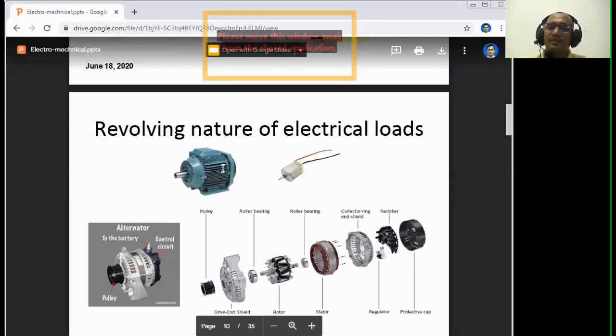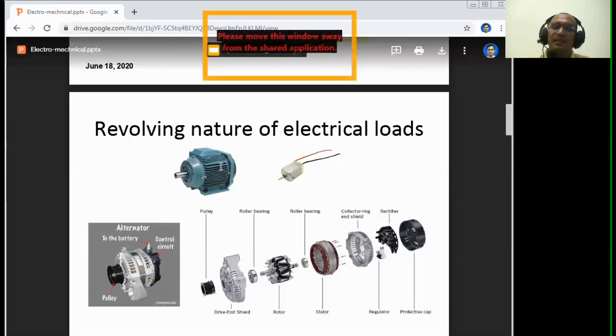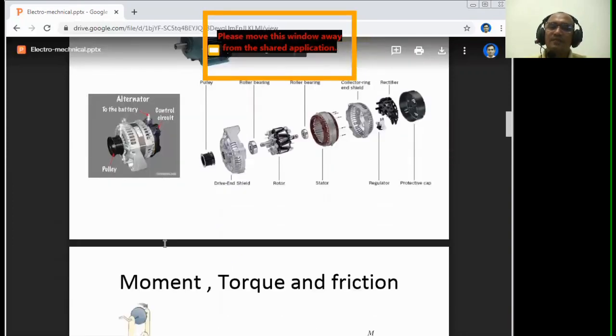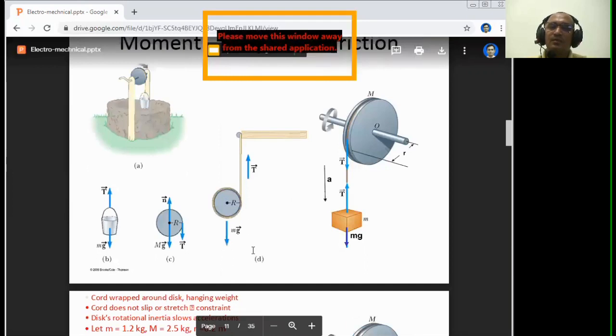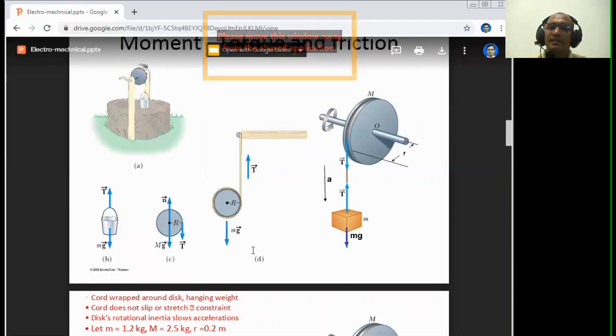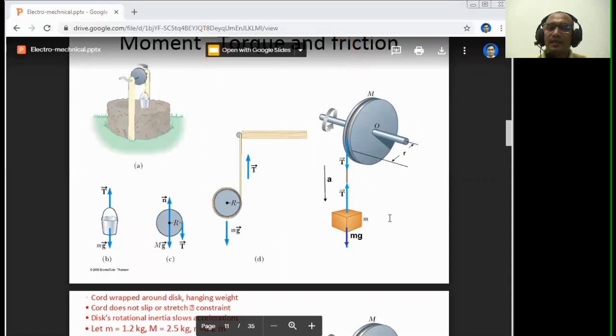Motor action is the transformation of electrical energy to mechanical energy, and alternator action is the transformation of mechanical energy into electrical energy. For this transformation process, you need to know the core things: the rotational action, torque, tangential force, tension, linear acceleration, rotational acceleration, and the acceleration due to gravity.